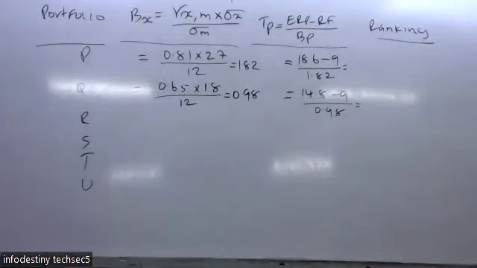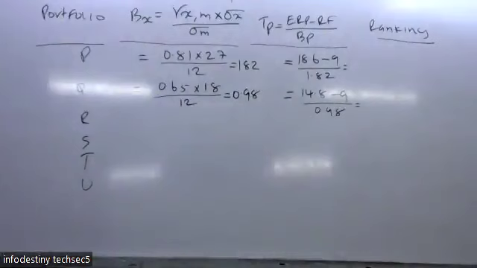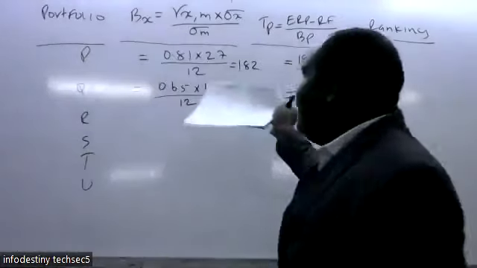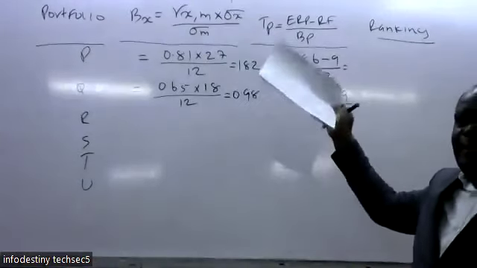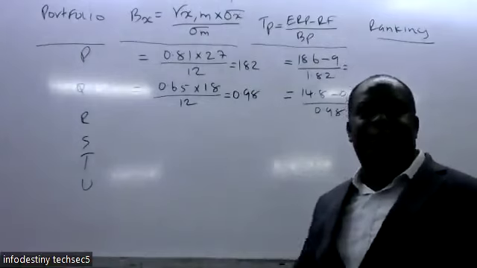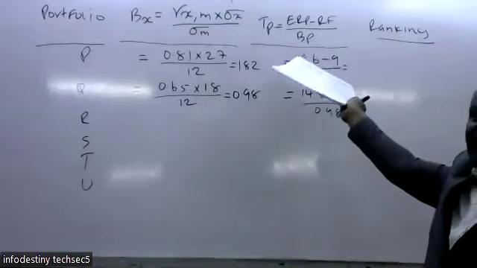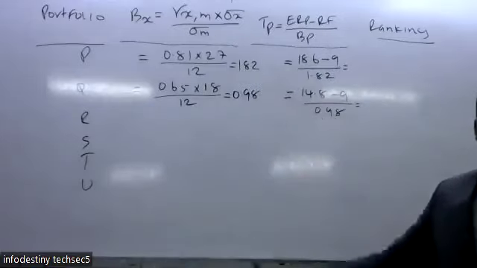Number one, you can see the denominator. For the Sharpe, it was the standard deviation, but for the Treynor, it is the beta factor. That's the major difference because the numerator is the same: the expected return for the portfolio minus the risk-free rate.